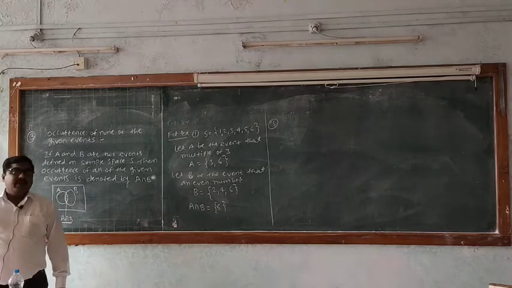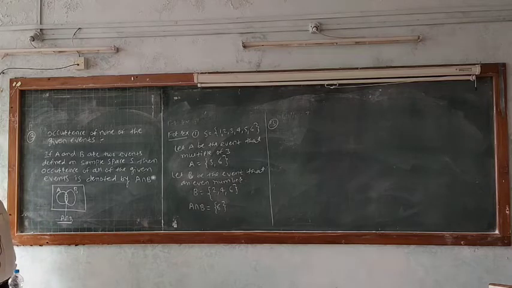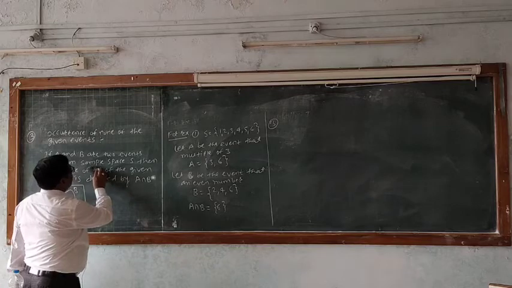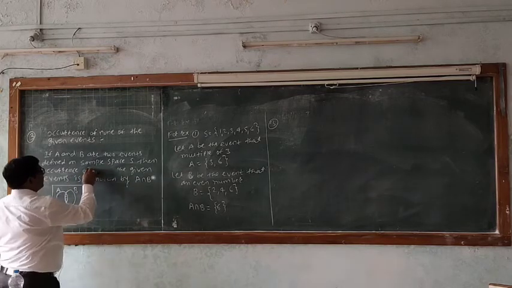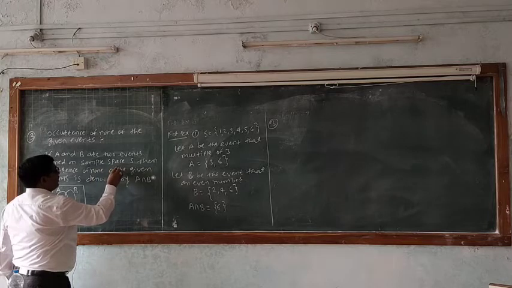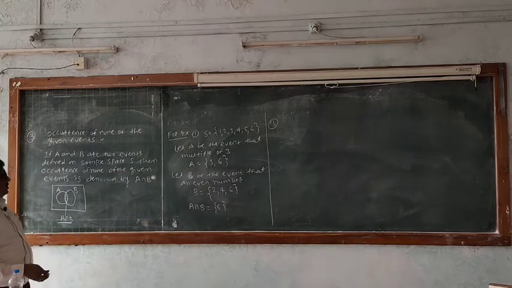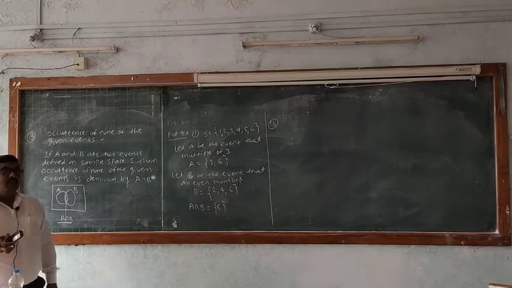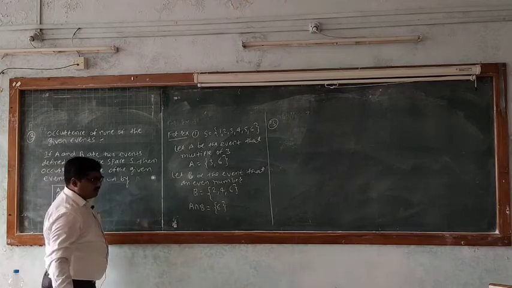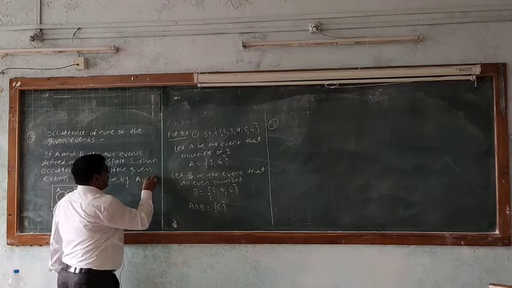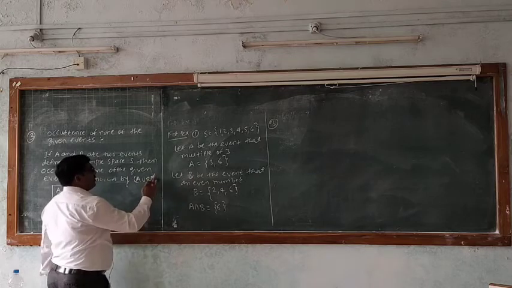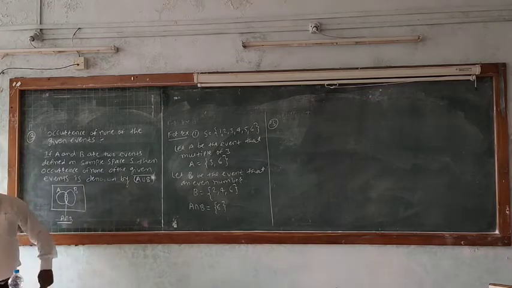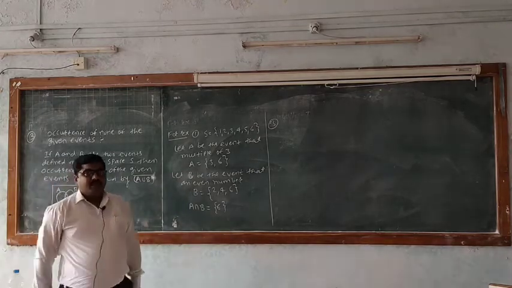Same, if A and B are two events defined on sample space, then the occurrence of none of the given events is denoted by what notation? A union B whole dash, or we call it bar. Both have the same meaning.